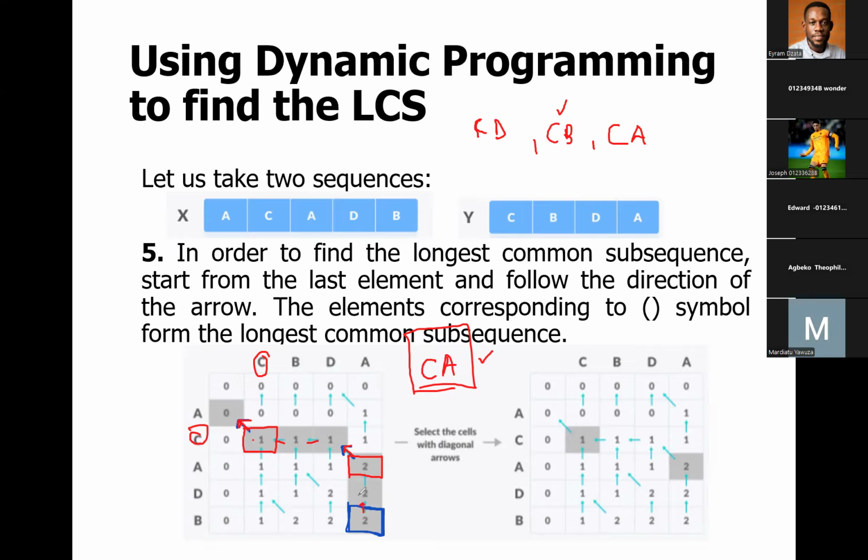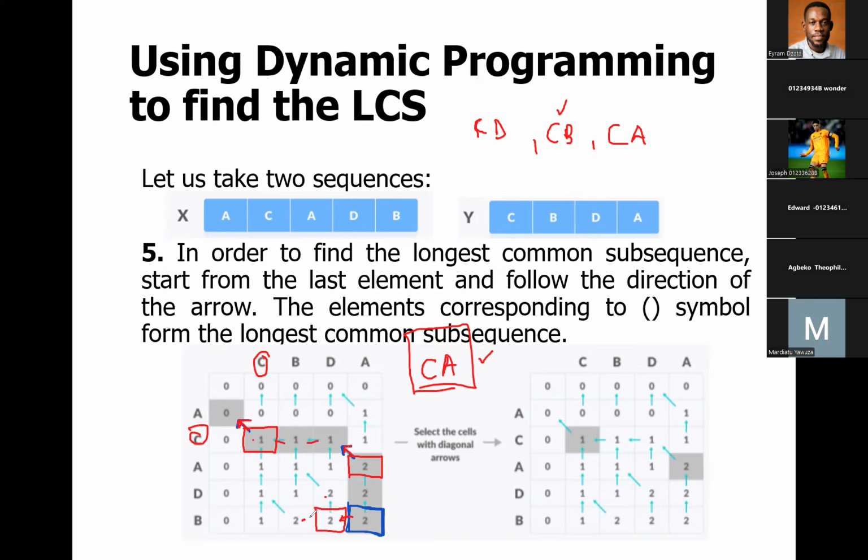So you can see that here 2 and 2 are the same, even though the characters are different. However, the arrow went upwards. Now, if the arrow had gone to the left side instead of going upwards, you notice that now we have B, right? Then if we take this cell, B and D, they are also not the same. So we have to find the maximum of 2 and 2.